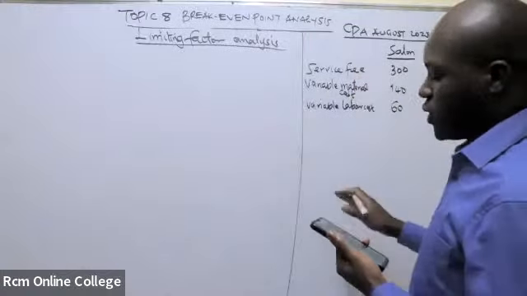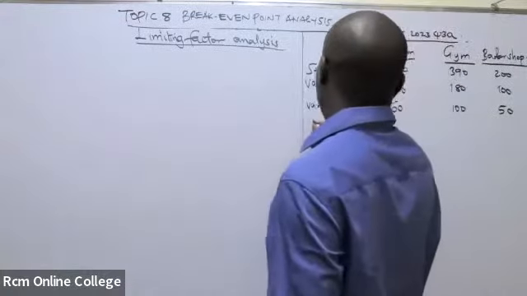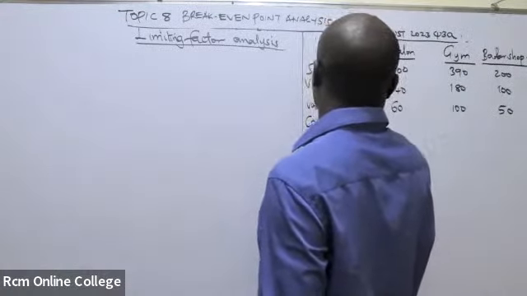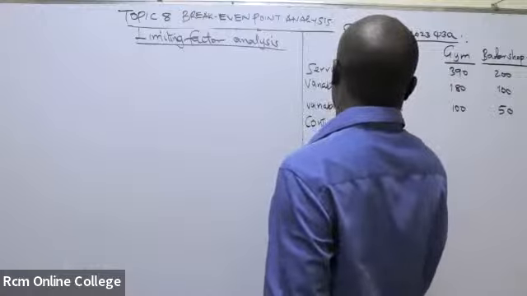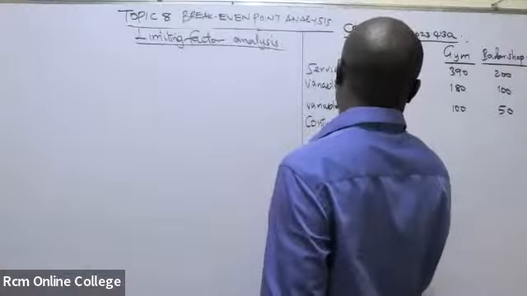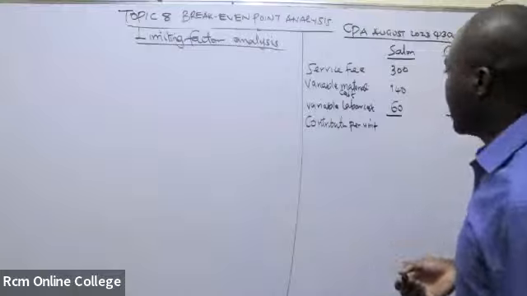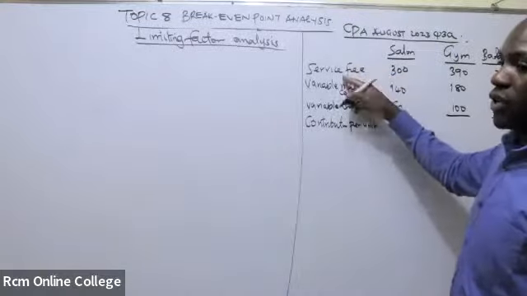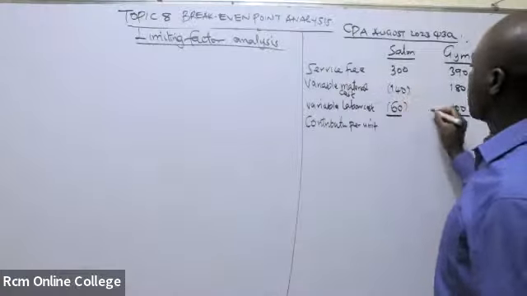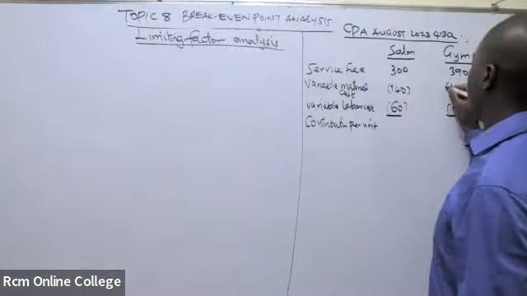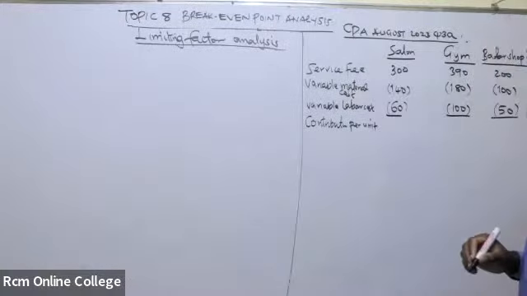All the variable costs, variable selling and distribution, you also record here. Then you now get what we call contribution. Contribution per unit or per service, contribution per unit or per client. So it is service fee or selling price per unit minus the variable cost.